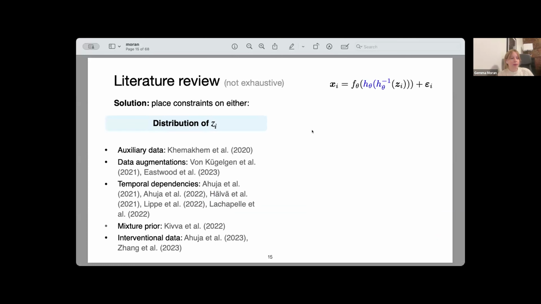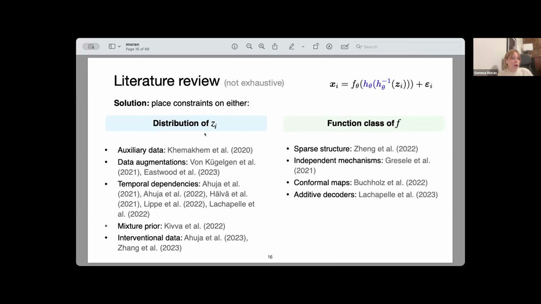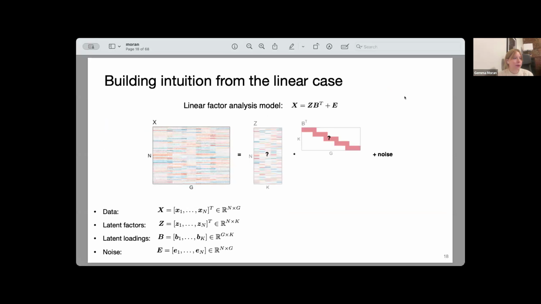So we have this pernicious identifiability problem. We can equivalently write this using some theta here, H theta inverse of Z, and then F composed with H. This parameterization can have a very different interpretation, but it's equivalent in terms of the likelihood.